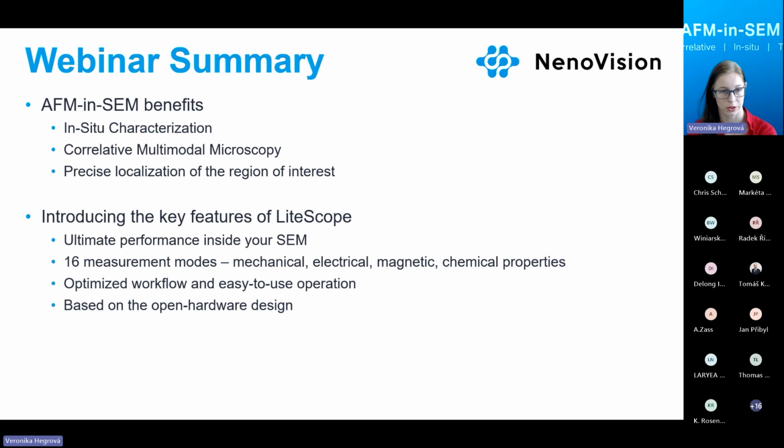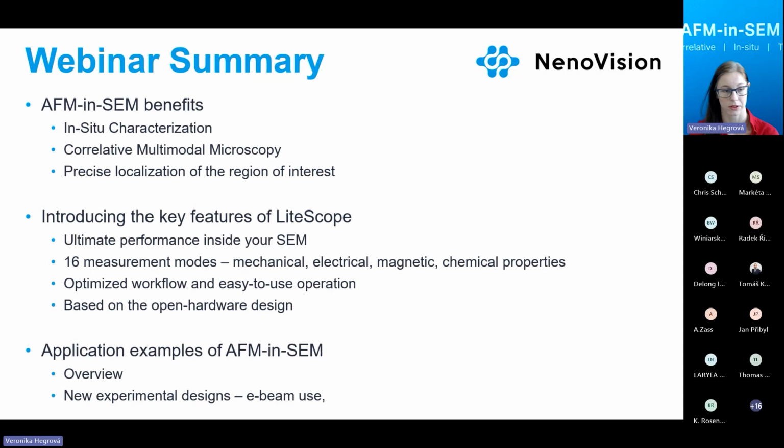It's an upgrade, so you don't have to buy a whole SEM, but you can install it there when you need it. It has 16 measurement modes for mechanical, electrical, magnetic, and chemical properties. There are many optimized workflows and easy to use operations. And as we are based on an open hardware design, many experiments are possible.